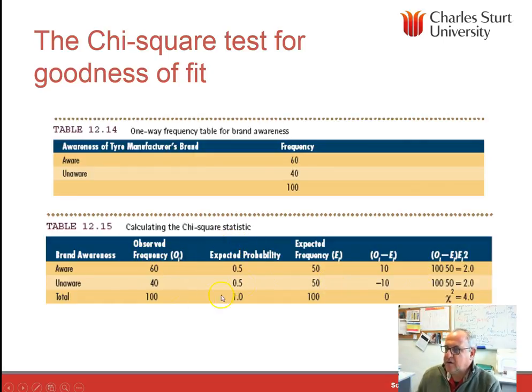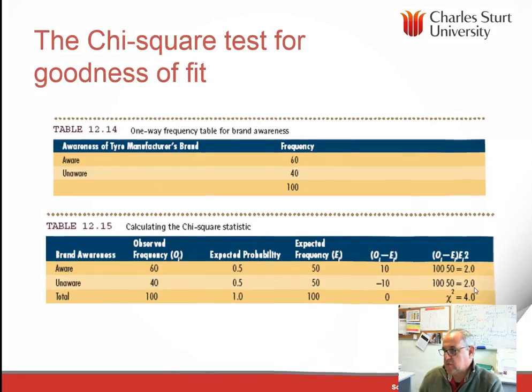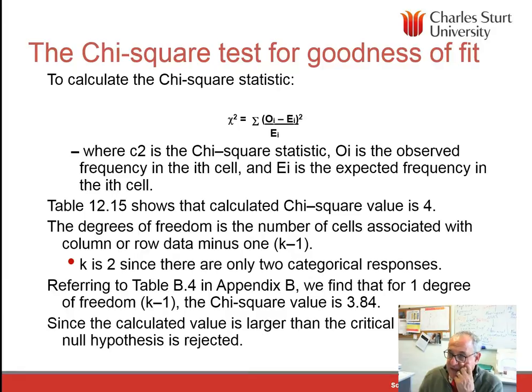We take the observed frequency, and the expected is that it's equal. We take the observed minus the expected, square it, and then divide by the expected, and that gives us the result there. So it's the observed minus the expected squared, divided by the expected.